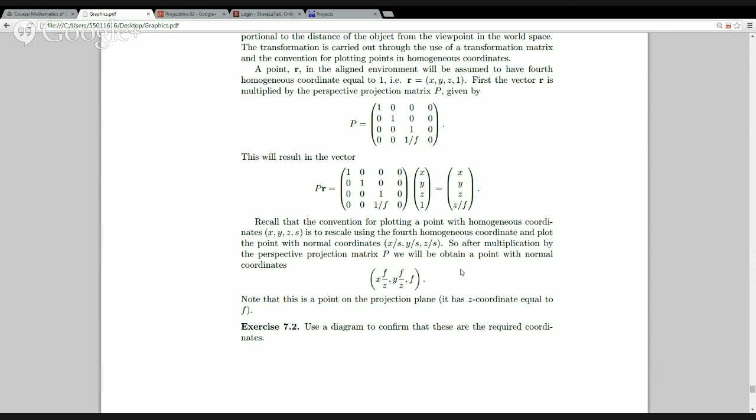And so what's the y-coordinate of this point here? Well, the horizontal coordinate of it here is f. And so the y-coordinate, because the gradient of this line is y over z, is simply going to be f y over z. F y over z, but that's exactly the y-coordinate of the point which came out of our matrix multiplication.